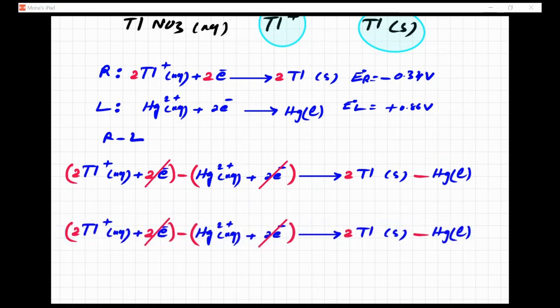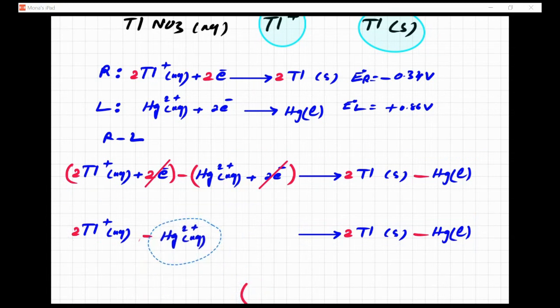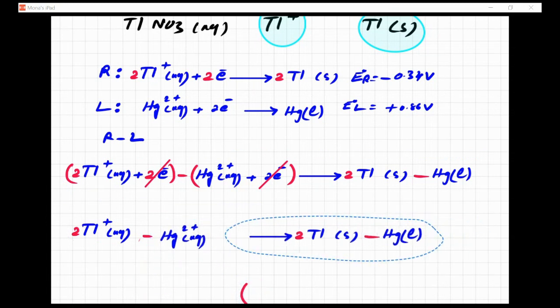This is my equation. I will be canceling this here, and also canceling this here, and my equation will have a minus here. I don't need this. This is negative here, and this is the other side.